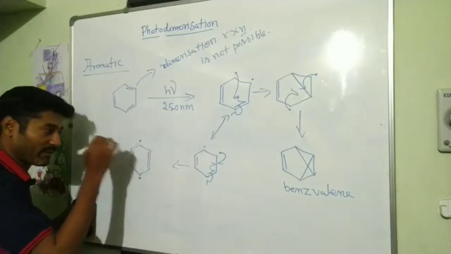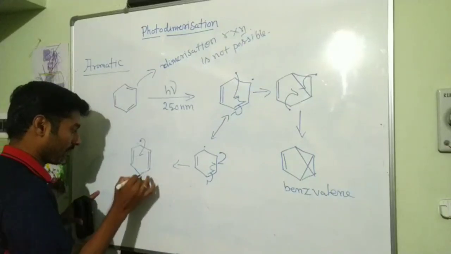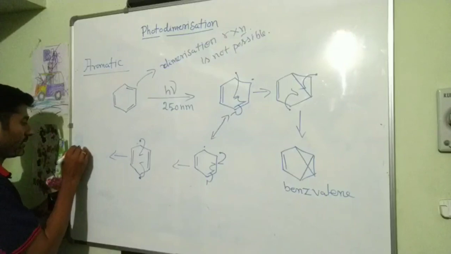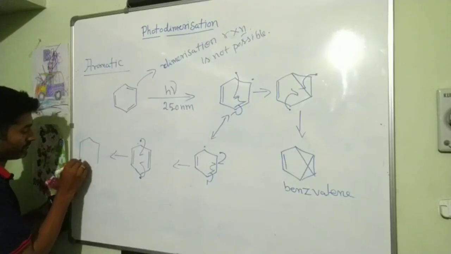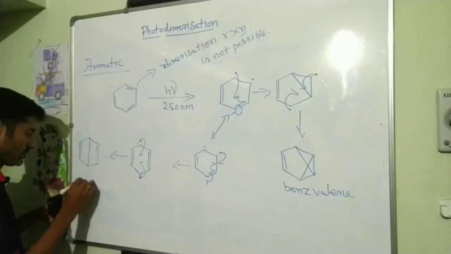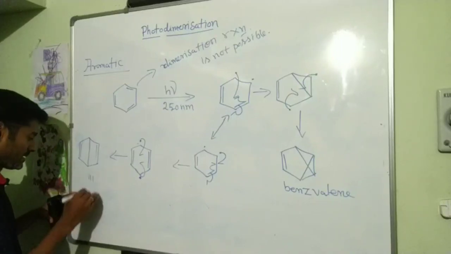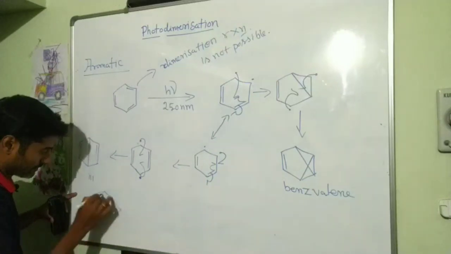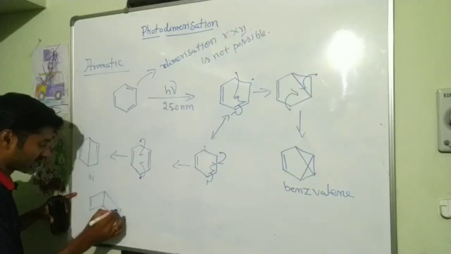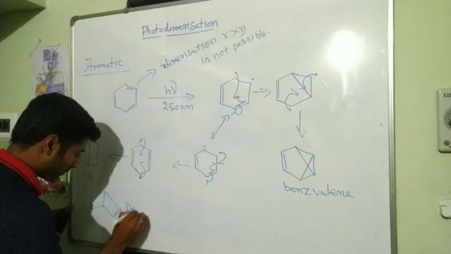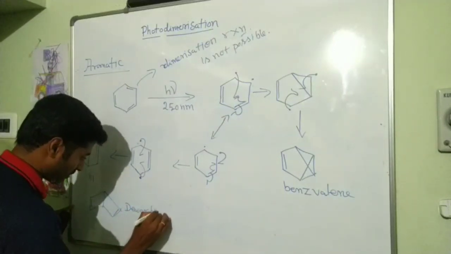You'll get this type of biradical, and this biradical will form a bond, and you'll get the equivalent structure, Dewar benzene. This is Dewar benzene, another isomer of benzene.